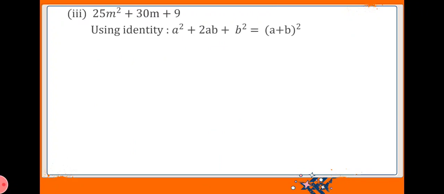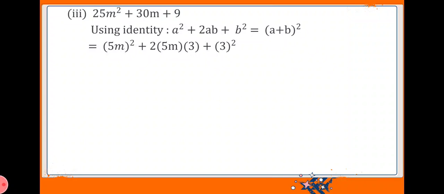Next, question number 3, 25m square plus 30m plus 9. Again the middle term is plus, so we'll use the identity a square plus 2ab plus b square equal to a plus b whole square. Let's cross check. Now 25m square is the perfect square of 5m, because 25 is the square of 5 and m square is the square of m. So we write 5m whole square.